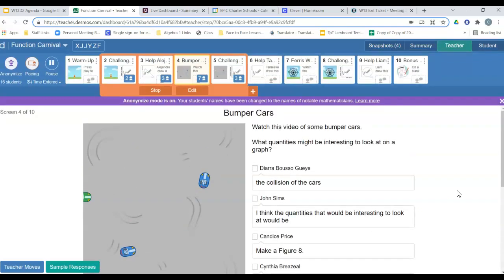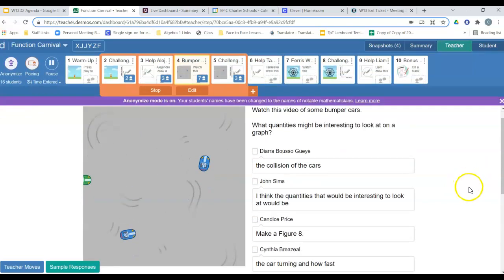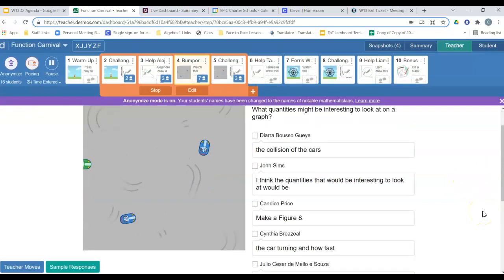Oh, I love that someone turned that question around into a sentence. So they said, I think the quantities would be interesting to look at would be the figure 8. Do you mean like you would graph its position on the screen? Perhaps.